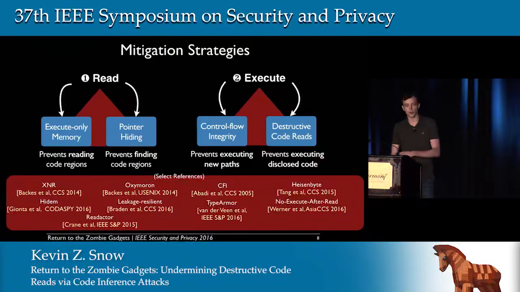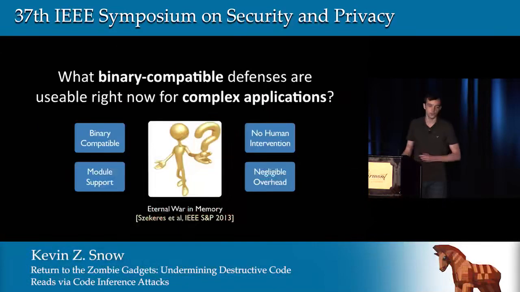So I'm not going to go over all of the defenses that have been proposed in the last few years. There's way too many to do that in this talk. But what we became interested in is, of all the defenses that have been proposed, which ones are actually binary compatible defenses that are usable right now, not just for toy applications, but for really complex applications like the Chrome web browser or Adobe Acrobat.